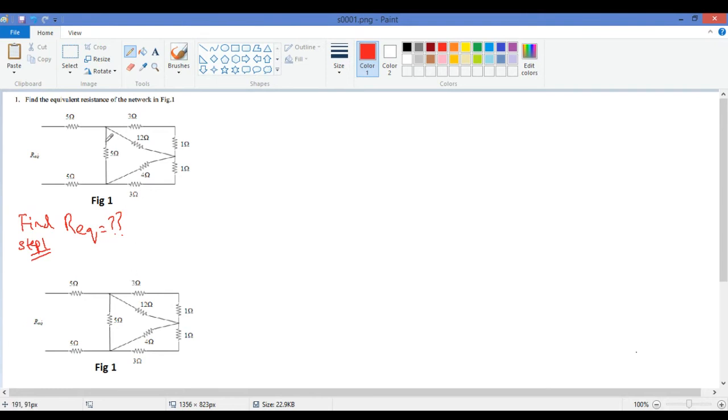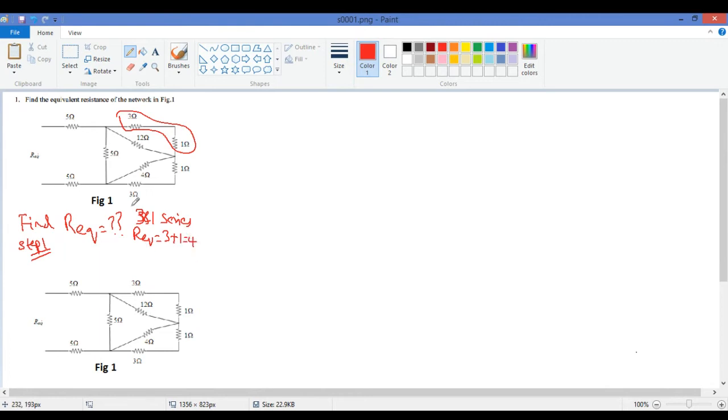In step 1, you see these are in series, both of them. In series, R equivalent will be, see, 3 and 1 are in series, so R equivalent will be 3 plus 1, which is equal to 4 ohms.